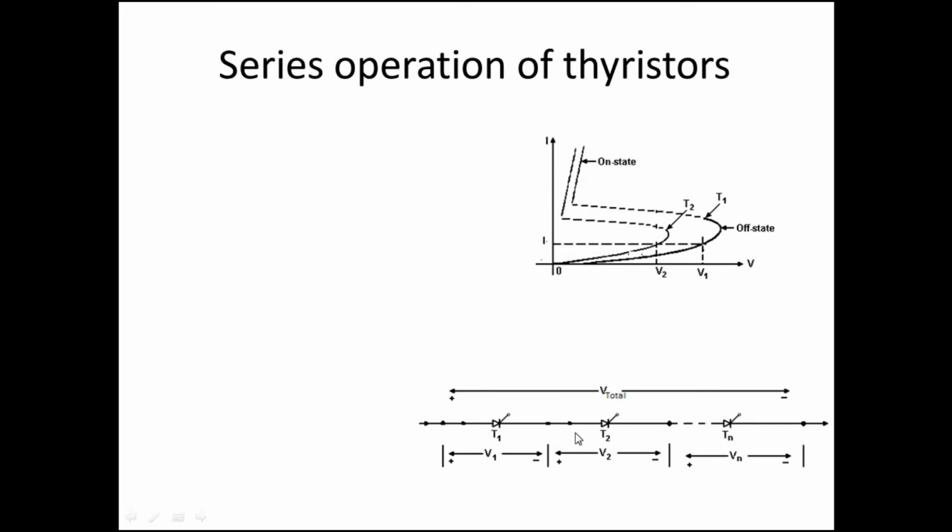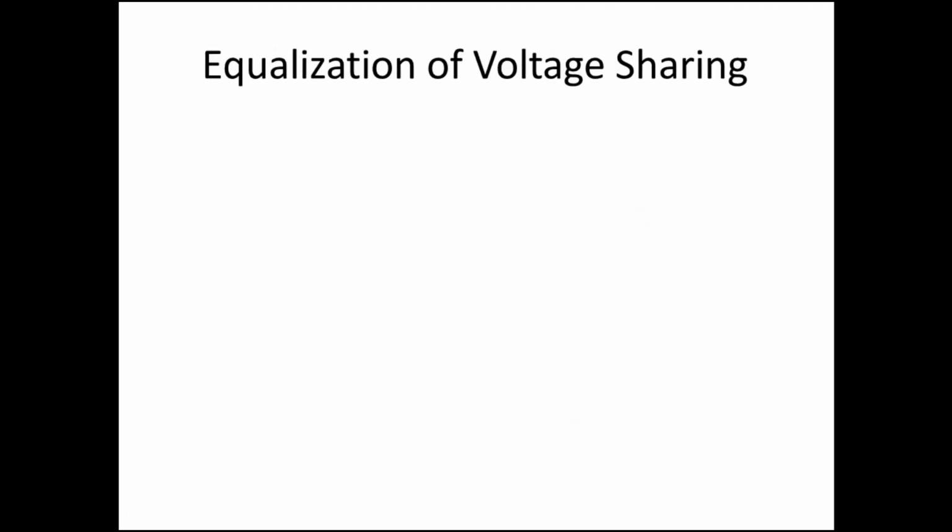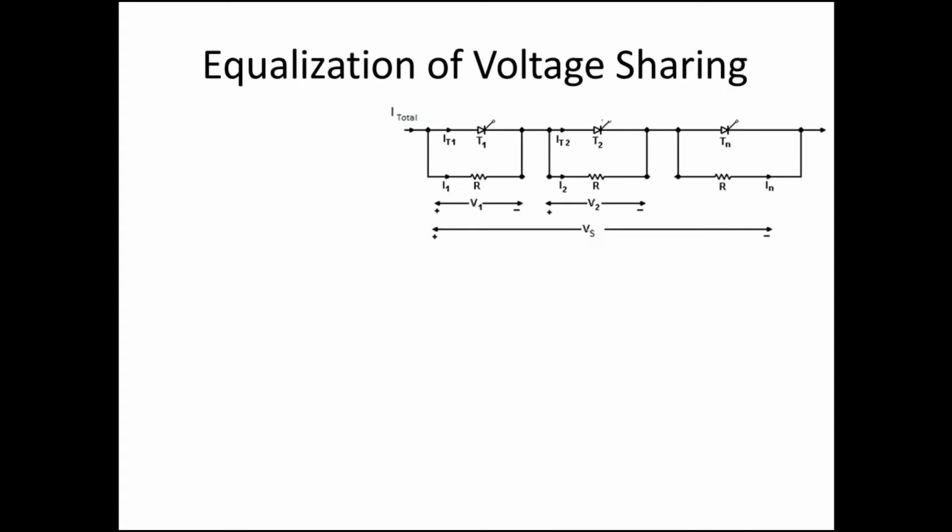So we have to equalize this voltage sharing, and for that we use resistors in parallel to each thyristor. Equal valued resistors R are connected across each thyristor, and we can find the resistor which will give equal voltage sharing between the series thyristors.